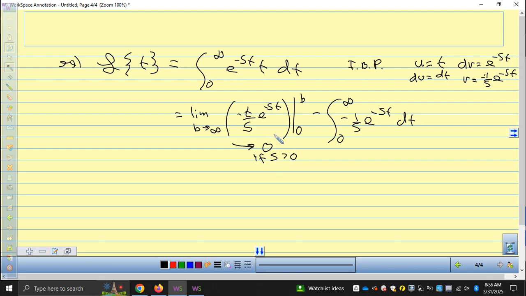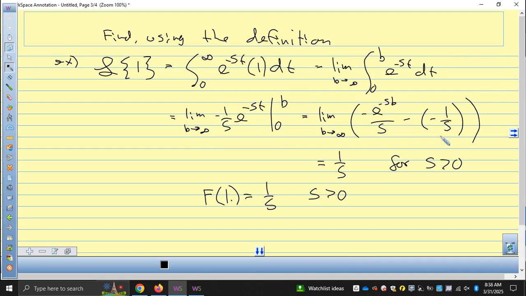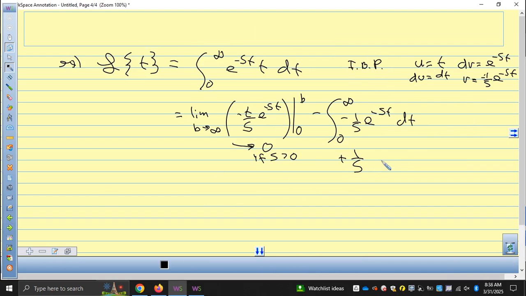So that approaches 0 if s is greater than 0. And this second integral is plus 1 over s. Well, we evaluated this one here, times 1 over s.